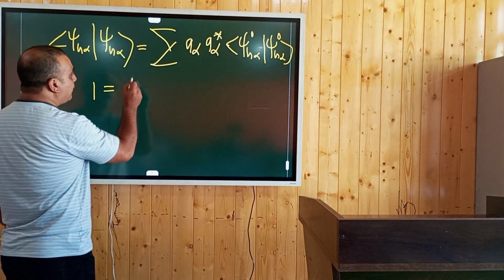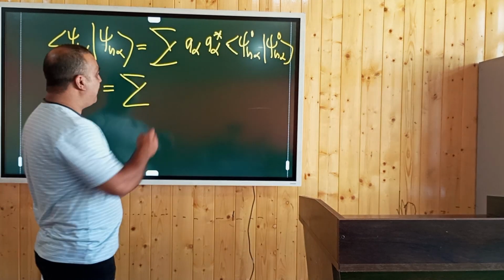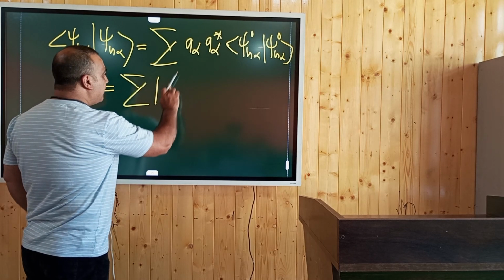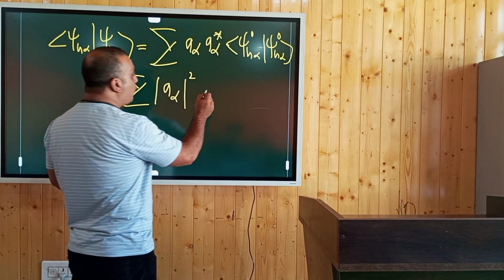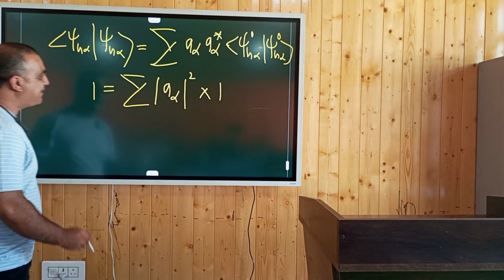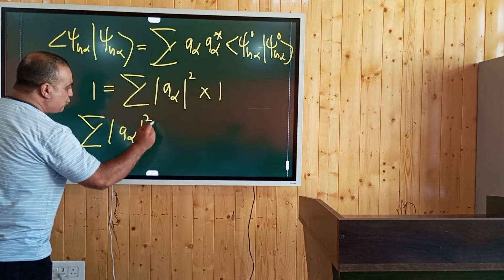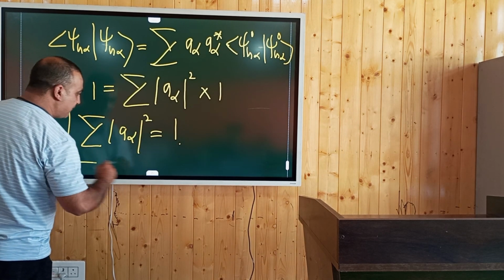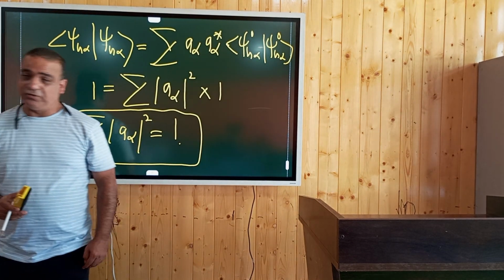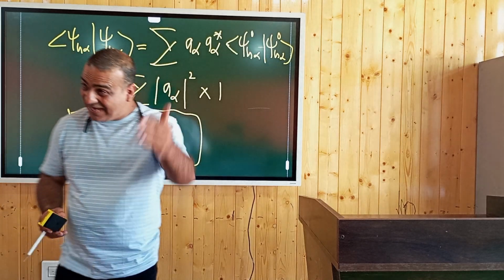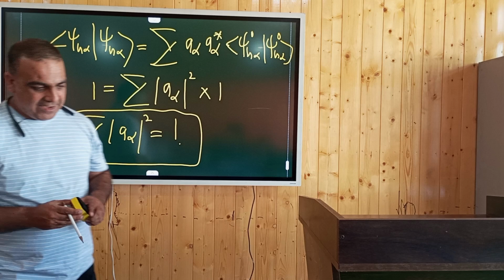This is equal to the sum of A alpha star A alpha, which is mod of A alpha squared, and this is equal to 1. So what does that mean? That means this sum of A alpha squared, its magnitude, is equal to 1. So the A alpha that we introduced as a coefficient of each eigenstate having the same energy, its normalization is 1. Okay? Now let's move on.